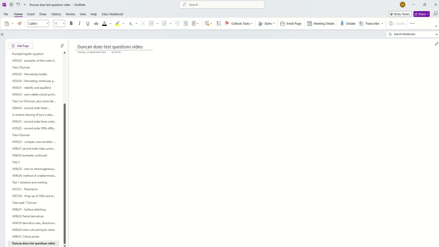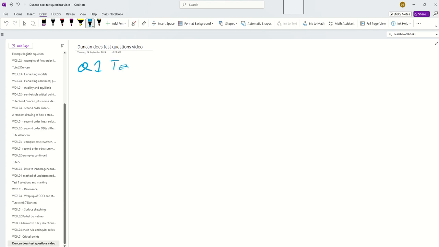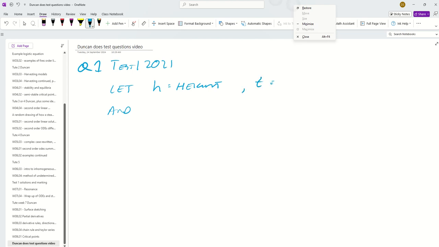So this is Q1 test 1 2021. Let h equal height, t time, and dh/dt is proportional to the square root of h.